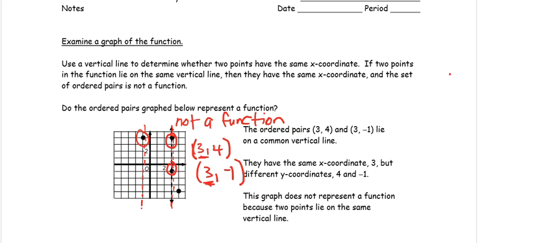So for instance, I draw a vertical line. I have points. These are not good points. I need to make them bigger.